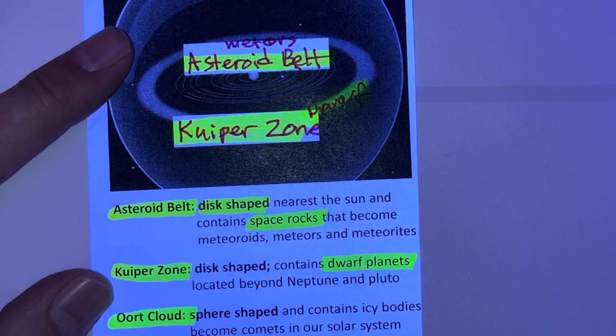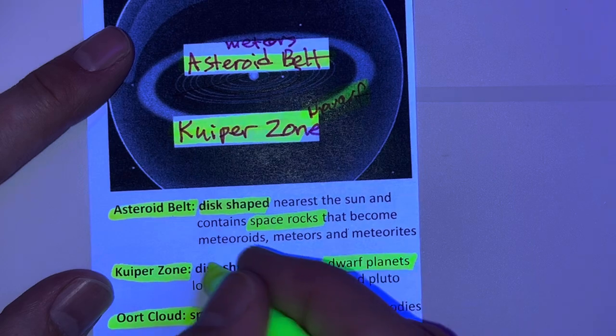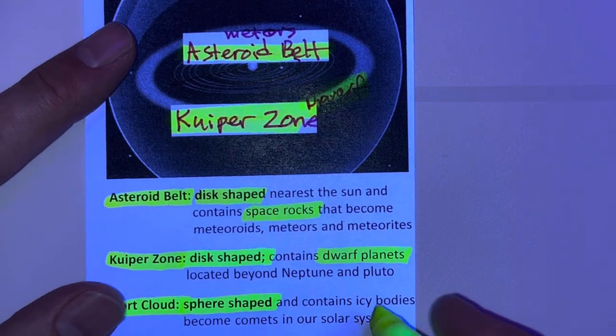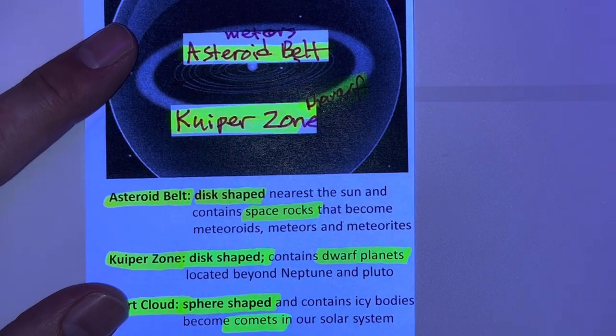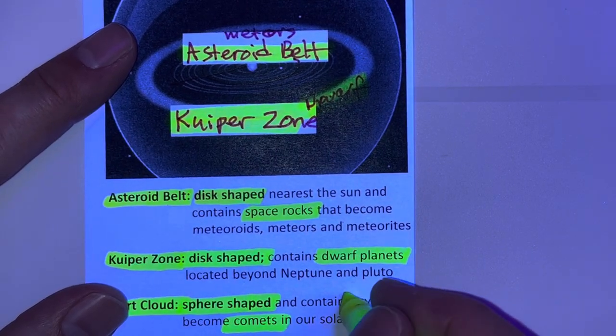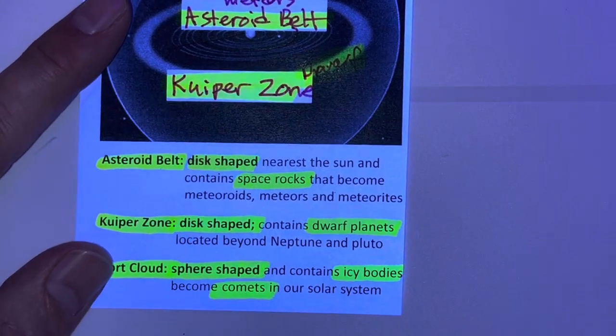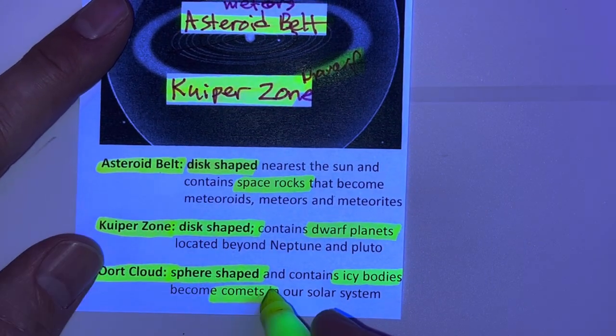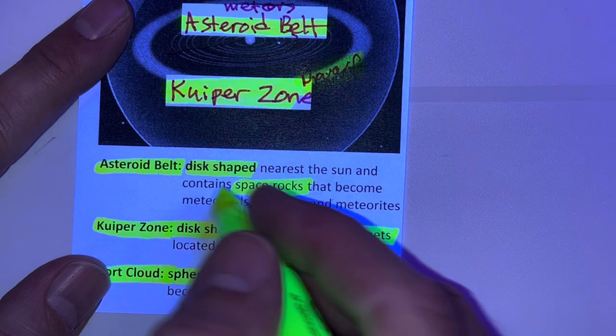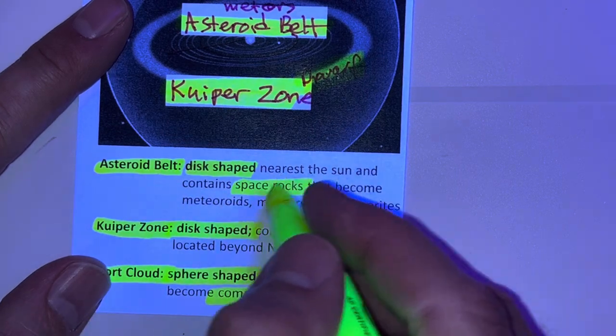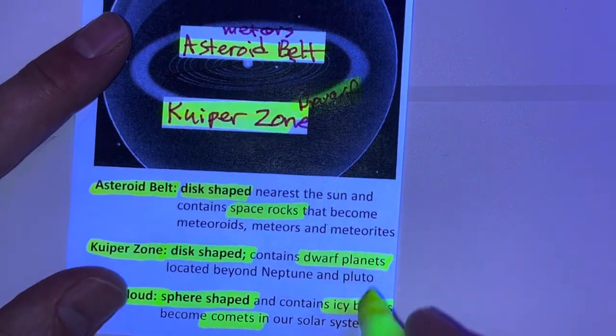And then all the way out is a sphere-shaped Oort cloud, and this is where comets come from. These big ice chunks. So Oort cloud, comets, Kuiper zone, dwarf planets, and asteroids are going to be the space rocks with meteoroids, meteors, and meteorites.